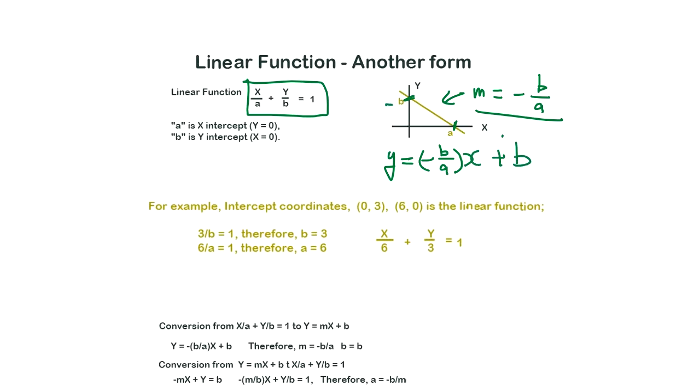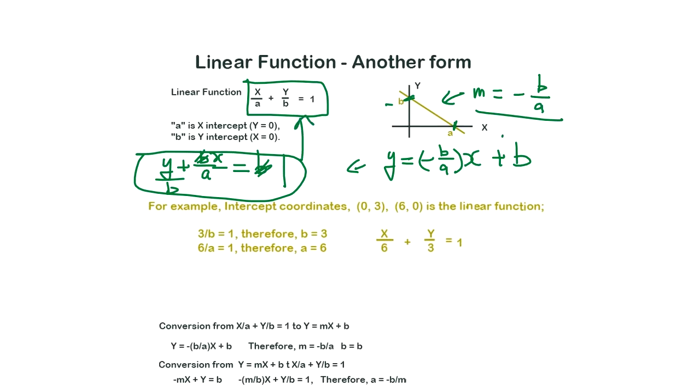Okay, so if you change this equation, right, y plus b over a x equals b. You divide by b on both sides, so the right side is 1. Okay, so it becomes like this.